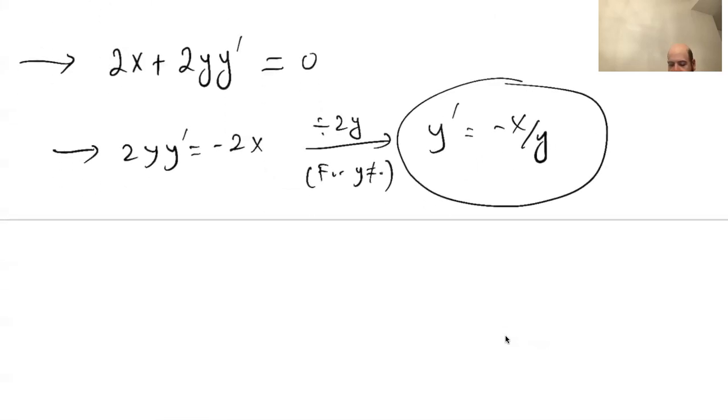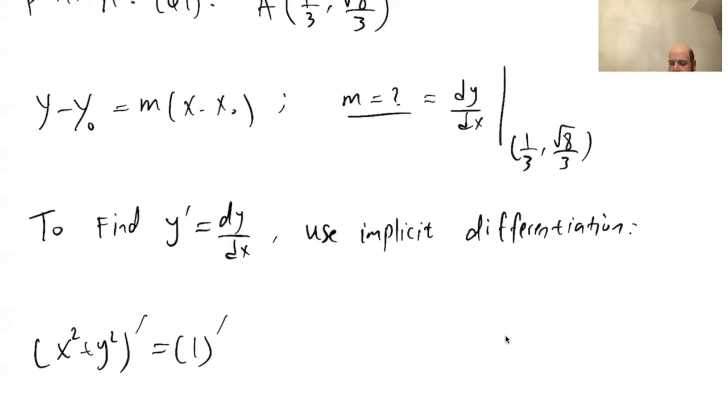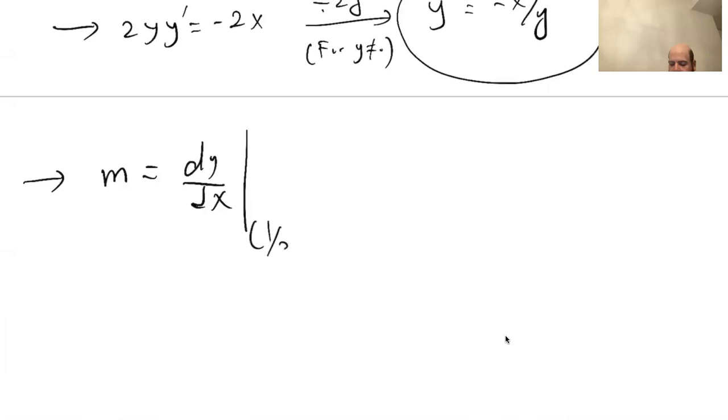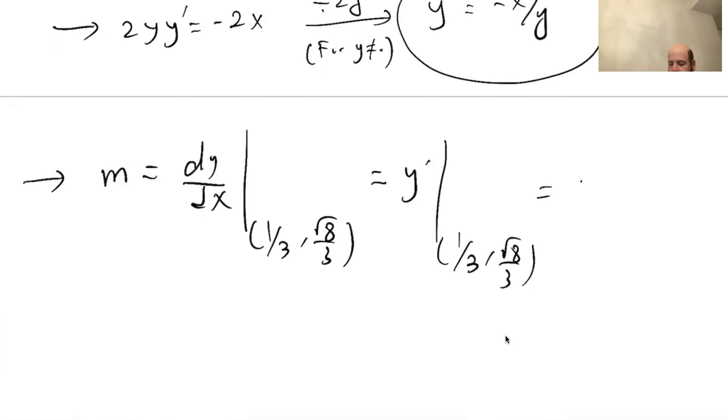And then we can say that y prime equals dy/dx at the point. Now we have to calculate the derivative at the point. So m is equal to dy/dx at the point A, which is 1/3 and root 8 over 3, or y prime at the point 1/3 and root 8 over 3, which is minus x over y at that point.